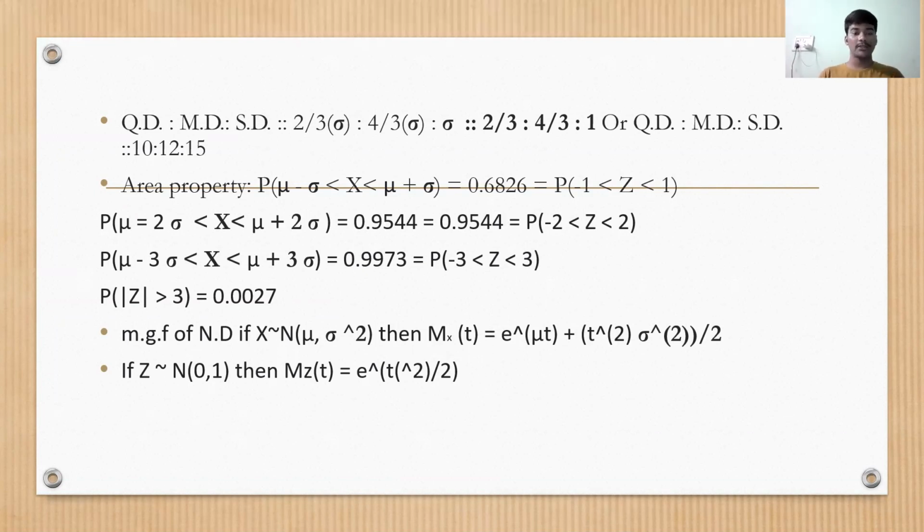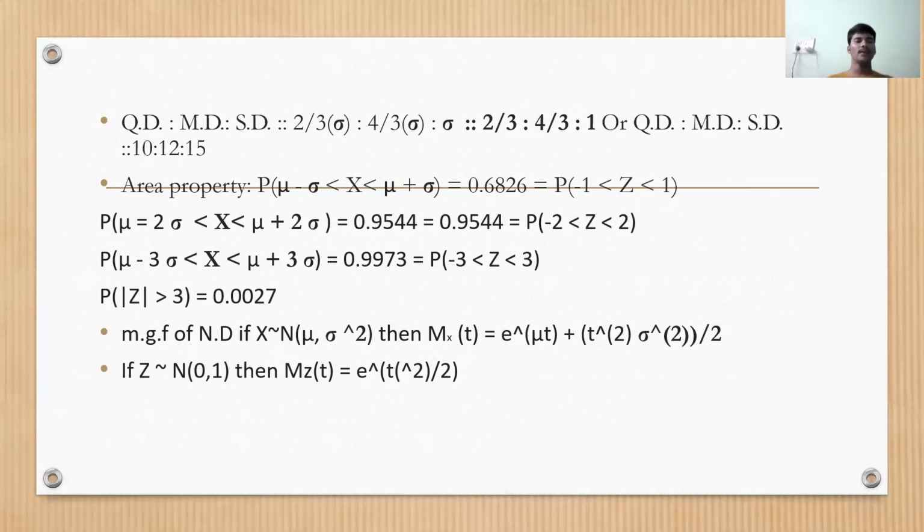Area property, it also has an area property. P of mu minus sigma less than x less than mu plus sigma is equal to 0.6826, equal to P of minus 1 less than z less than 1. P of mu minus 2 sigma less than x less than mu plus 2 sigma is equal to 0.9544, equal to P of minus 2 less than z less than 2.